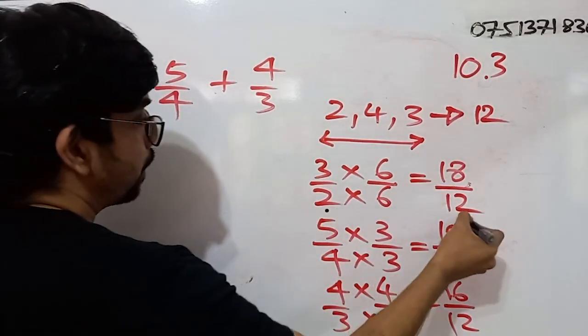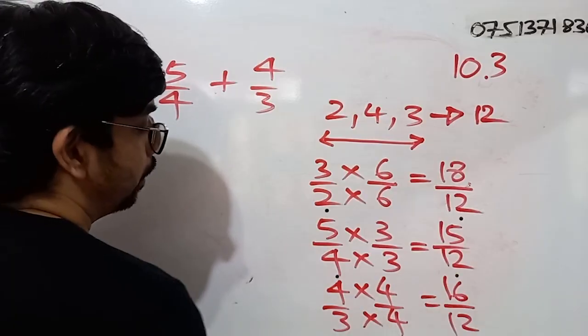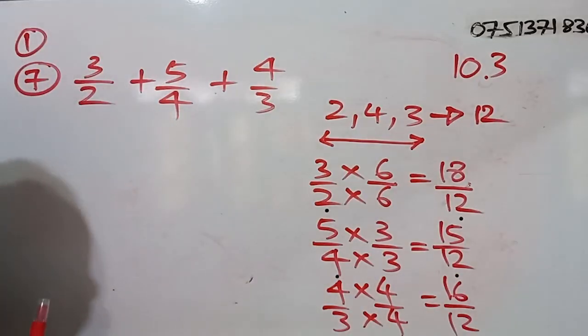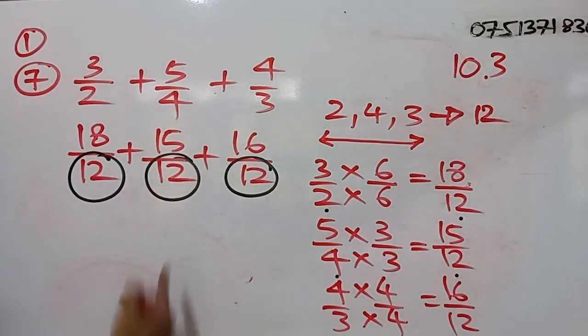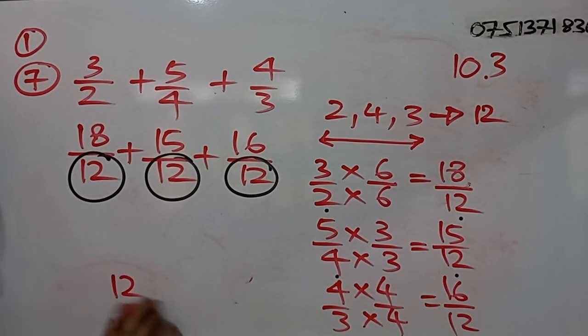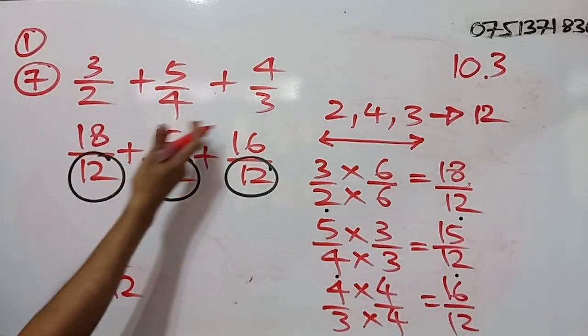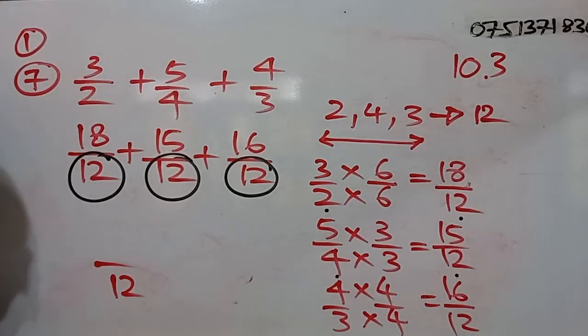So all these fractions are what? Those are equivalent fractions, right? Now, all these three fractions have the same denominator. So the answer will have the same denominator as well, which is 12. How do we get the numerator? Just as we have done before, simply we need to add the numerators, right?